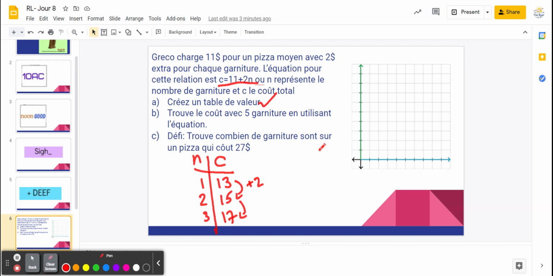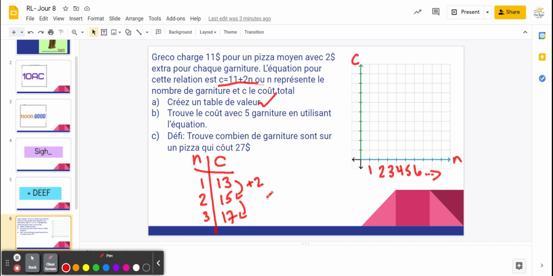So we are going to create just a little graph just so I can show you how they relate. So our X values are always on this left to right horizontal line, but in this case, we're calling them N, our toppings. And C is going to be our Y value, which goes up and down. So for my toppings, I'm just going to increase by 1 each time and just keep going.